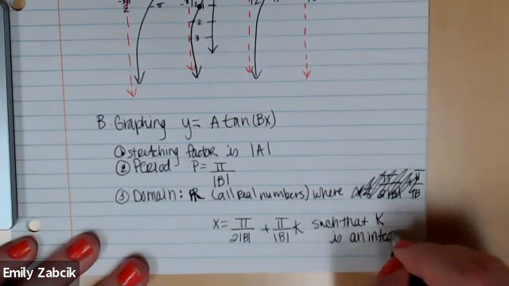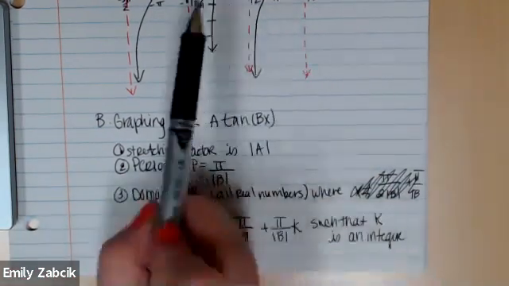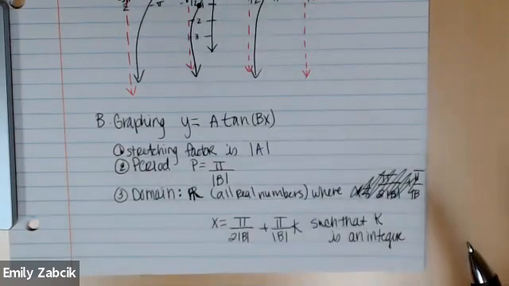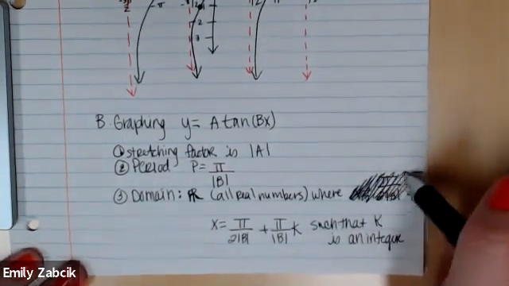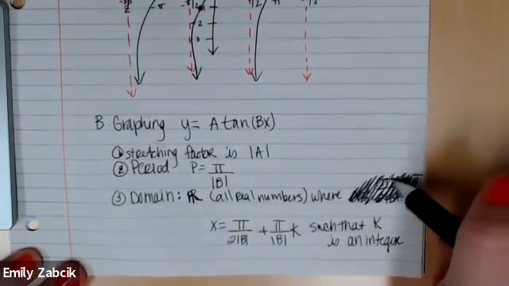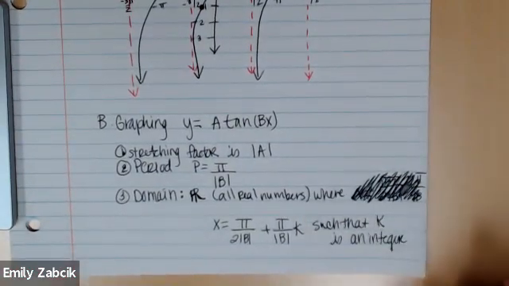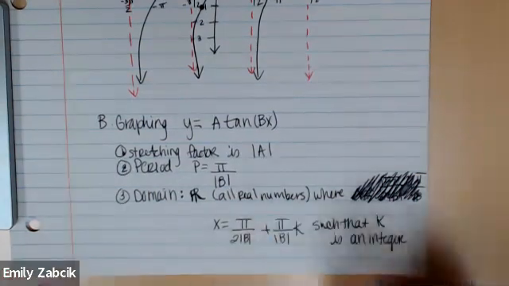So this is just a very general way of talking about where the asymptotes occur. And so your domain is going to be all real numbers except for at those asymptotes. And so we'll look at this in a minute and how we can set up that domain, but that gives us a formula.